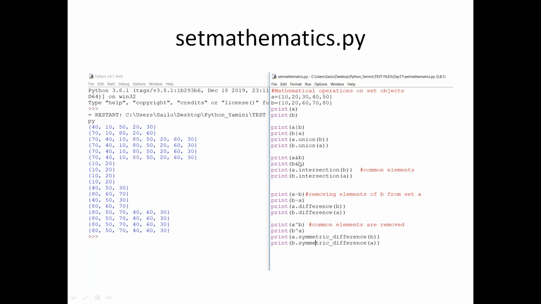Similarly, A and B is nothing but A.intersection(B), giving the common elements, and B and A is nothing but B.intersection(A). Similarly, when you want to remove the common elements and display the elements which are not common, A minus B is nothing but A.difference(B), and B minus A is B.difference(A).